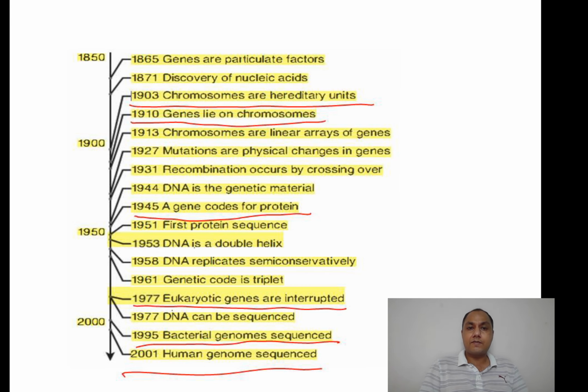In 1945, gene codes for protein, that means the one gene, one enzyme hypothesis of Beadle and Tatum was proposed in the 1940s. In 1977, eukaryotic genes were found to be interrupted, that means the split gene concept came to light. And finally, the genome was sequenced for a prokaryote in 1995, and for the human in 2001. So it was a historical account, nothing important as such.